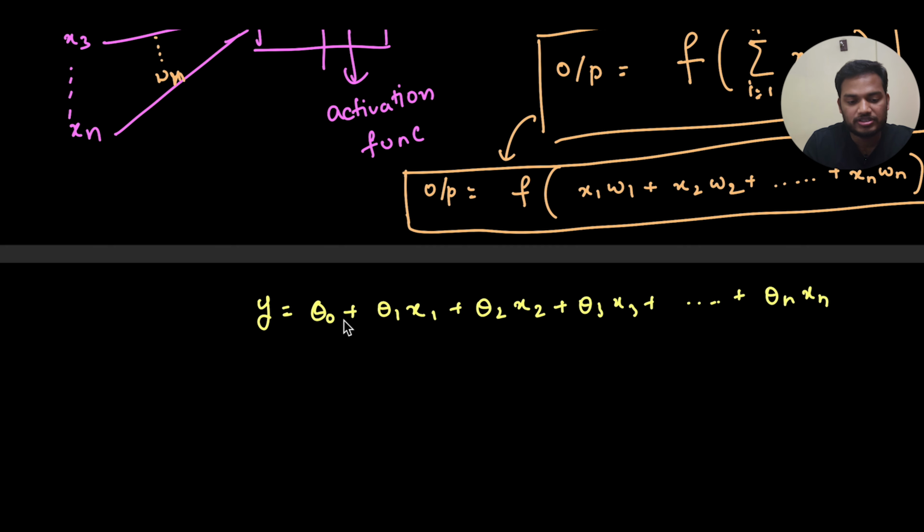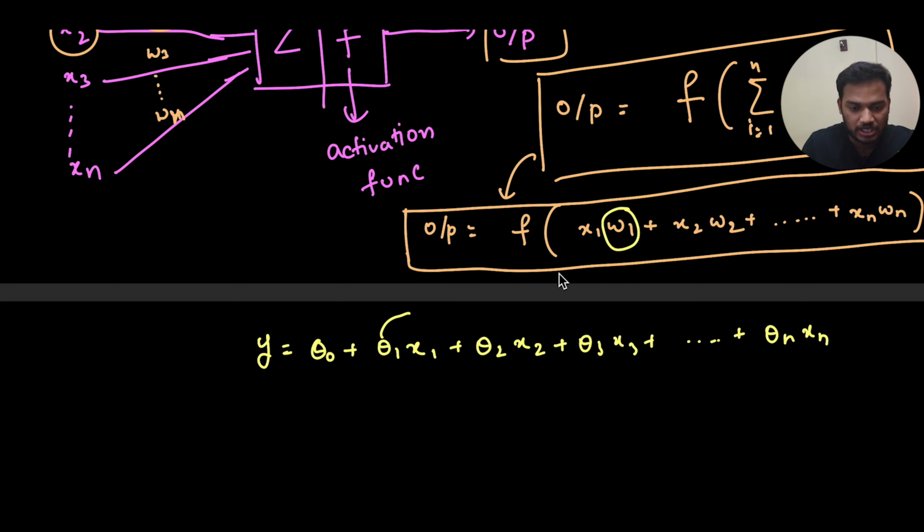If you observe this equation and this equation, both are almost similar. The only change here is, instead of theta 1, we have w1, and similarly instead of theta 2, we have w2. Like that, instead of these thetas, we have weights over here. And if you observe, there is no w naught here, but there we have theta naught.